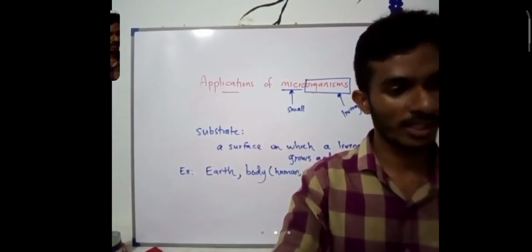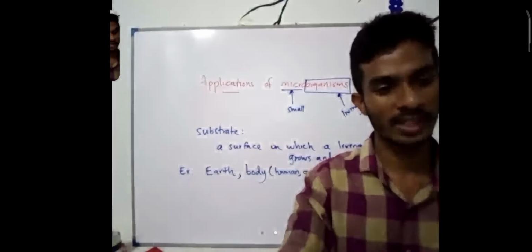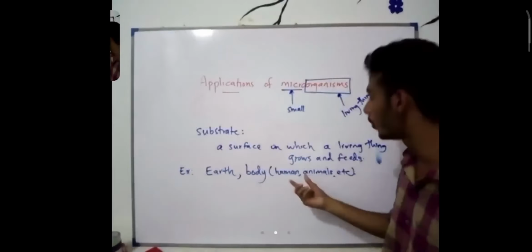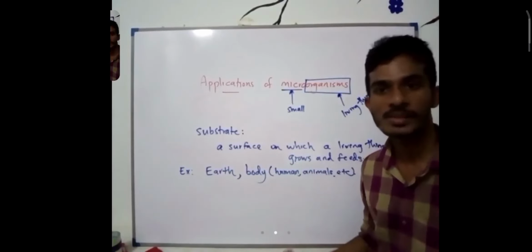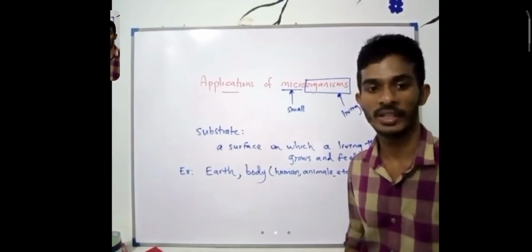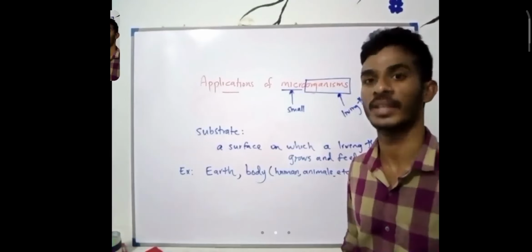Most microorganisms are favorable to humans and other living beings. Not only in our body, in animals' bodies also, microorganisms live. So they can give benefits to our body as well as harm.